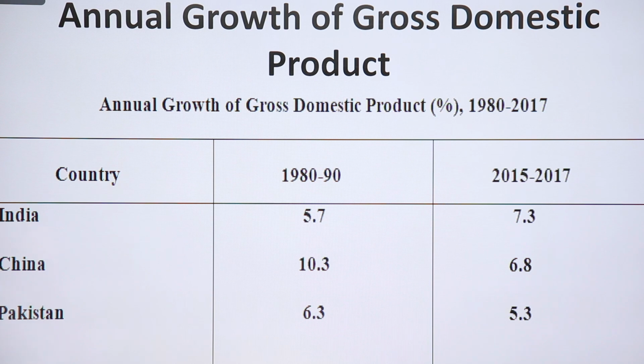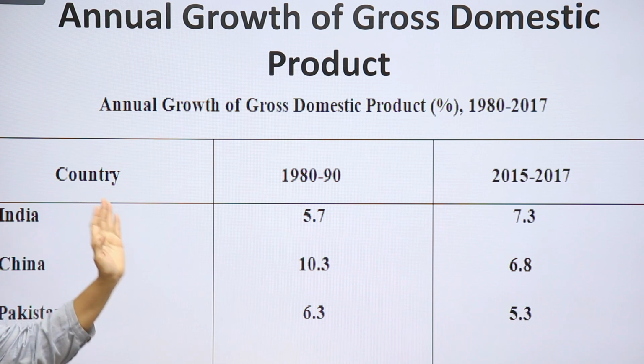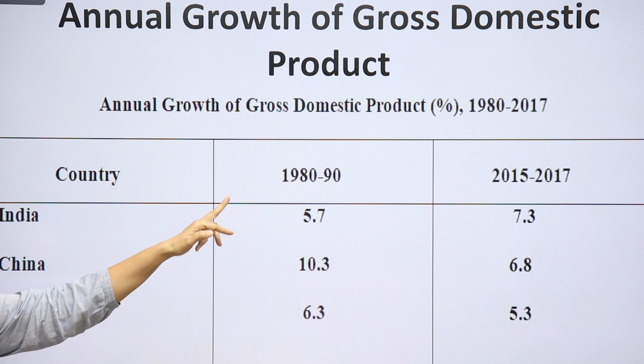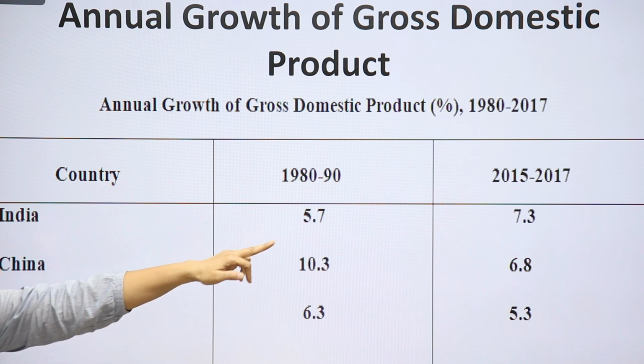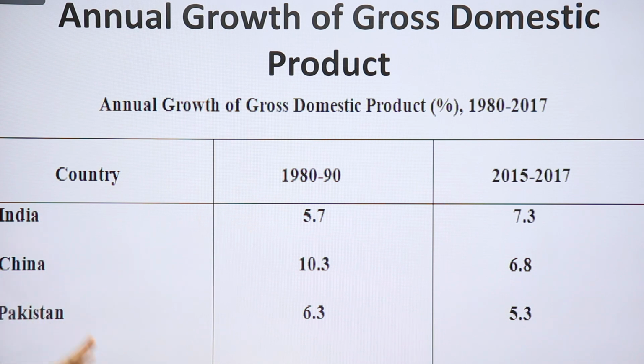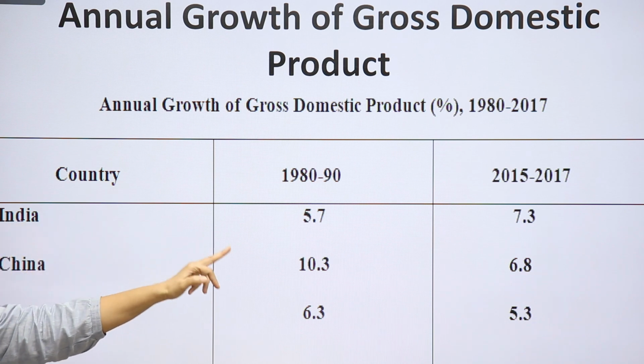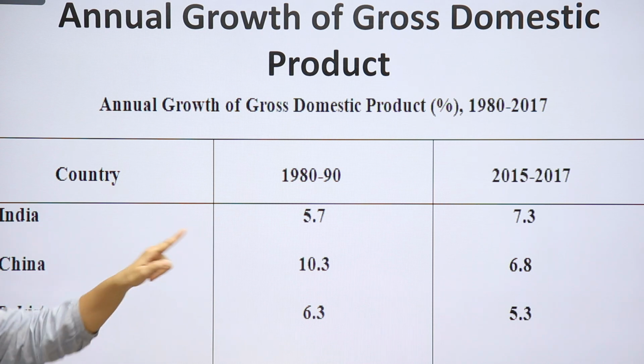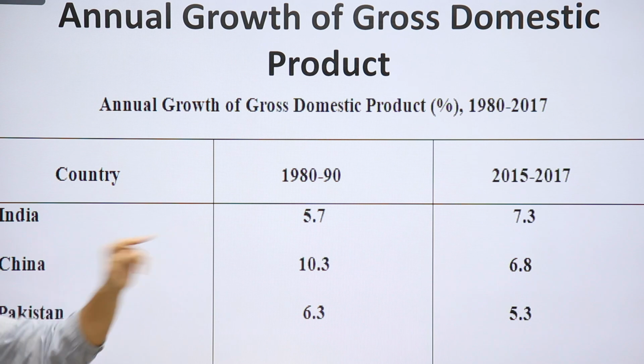Now, annual growth rate of gross domestic product. Here the comparison has been made in two durations, that is from 1980 to 90 and then from 2015 to 17. So here we can see that the growth rate of India was 5.7 in 1980 to 90, and it increased to 7.3 in 2015 to 17.